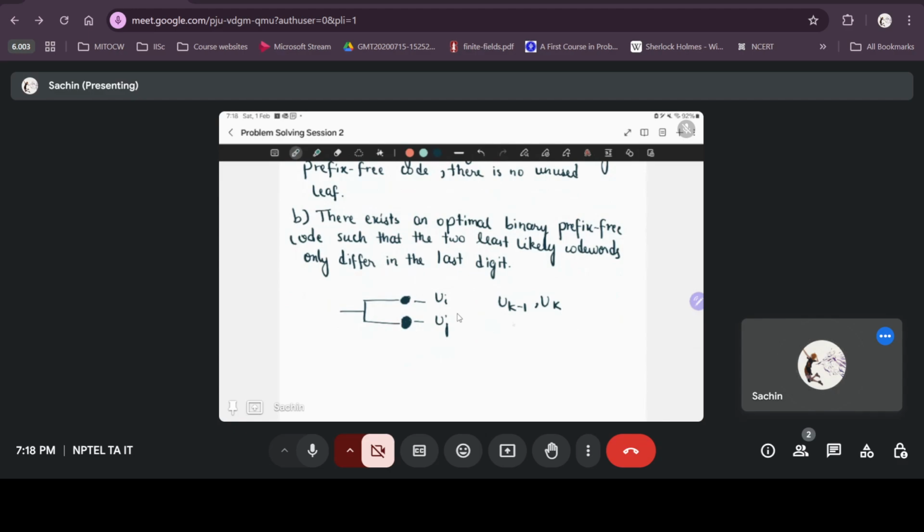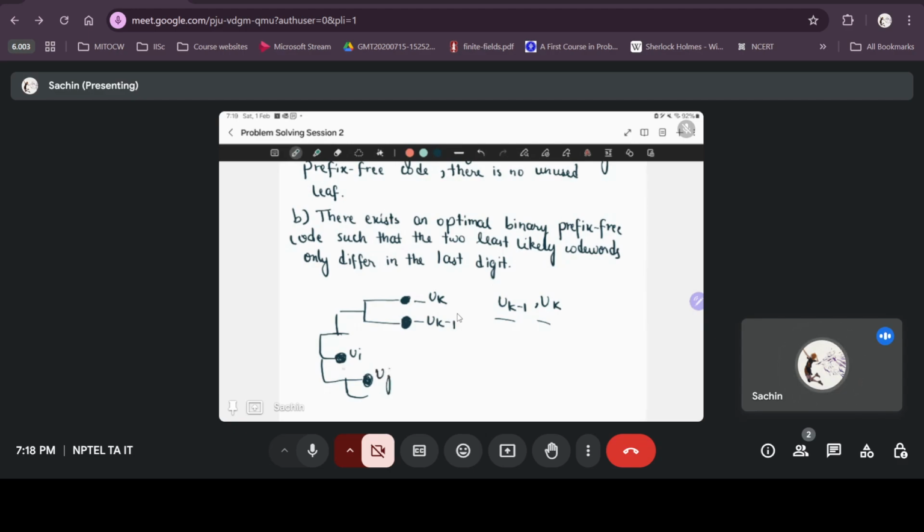Wherever the code words for UK and UK minus 1 are in the binary tree, you could always swap. Let's say you have a code word for UK at some level, and at some other level a code word for UK minus 1. You could always swap the code words around. So let's say you put UI here and UK here, and you swap these code words UK minus 1 and UJ.